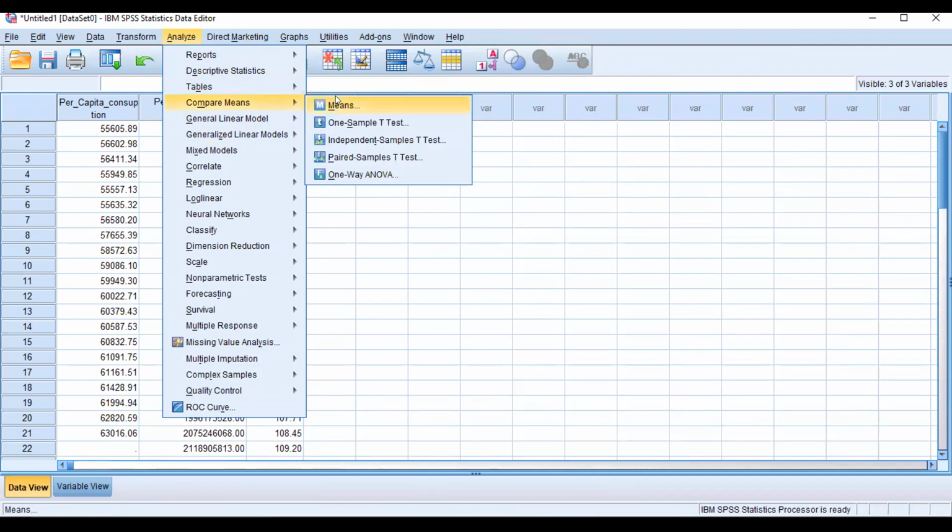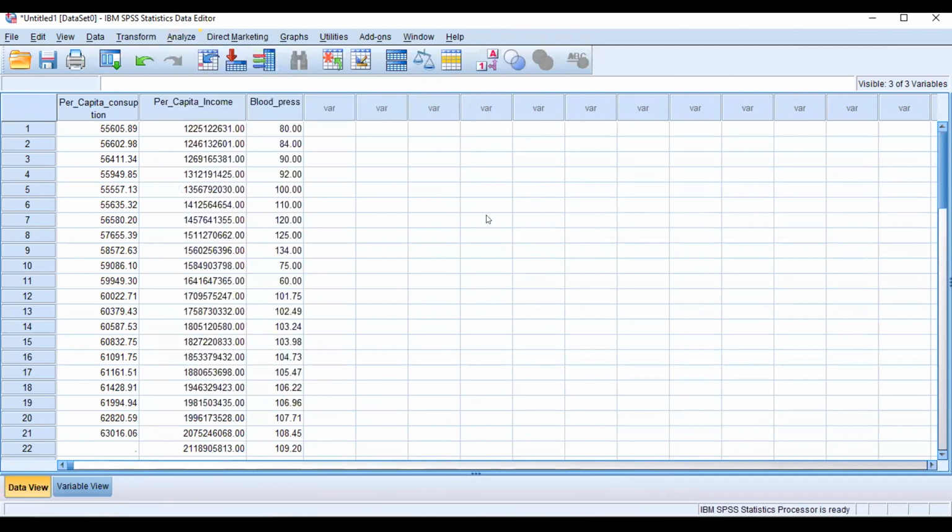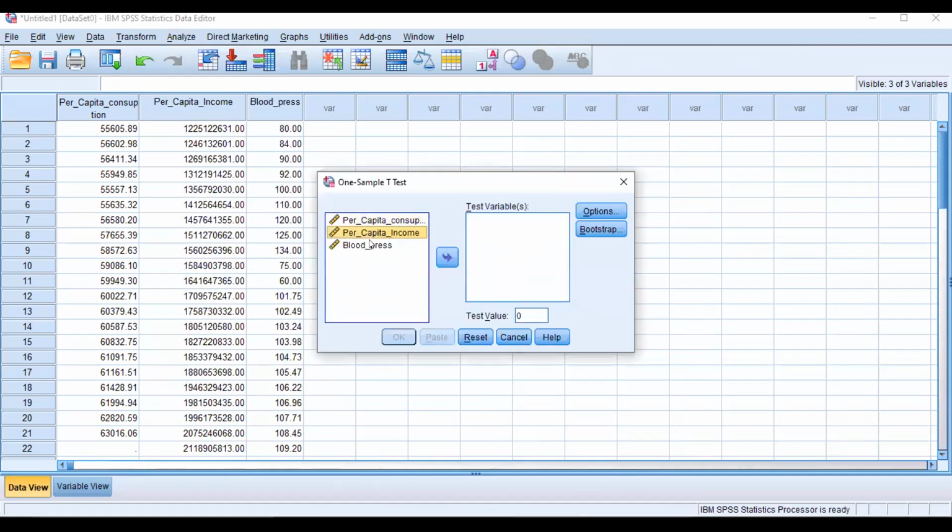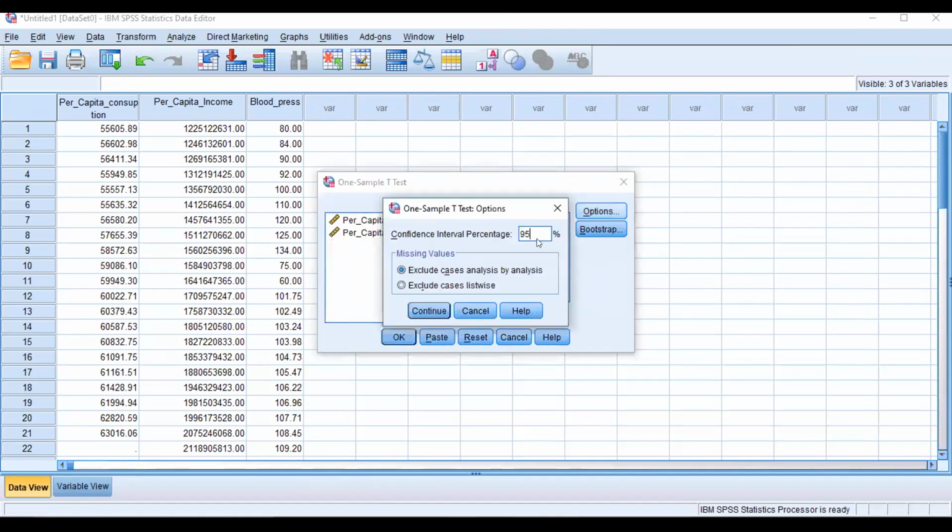Compare means, one sample t-test, blood pressure option. As it is a medical issue, you cannot have a lot of tolerance in the confidence interval in this example. Why have I taken this? Because in social sciences or something like that, your significance level can be 95%.